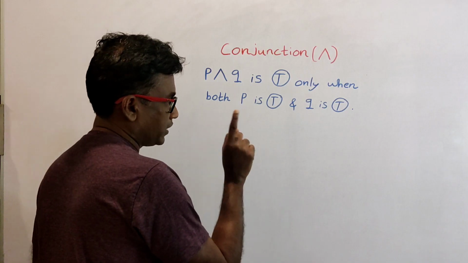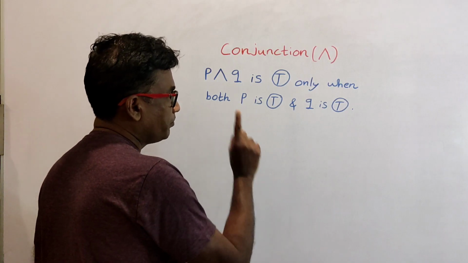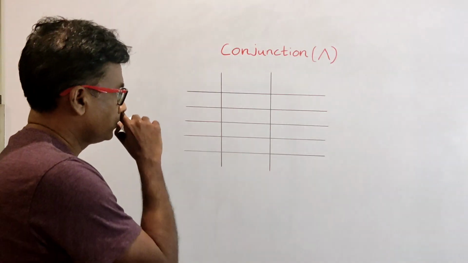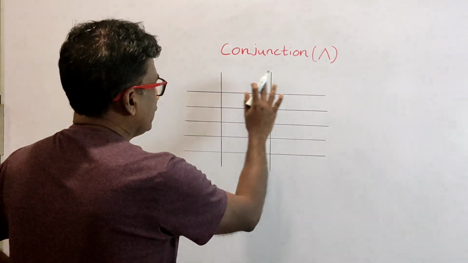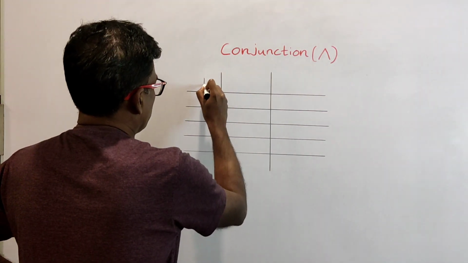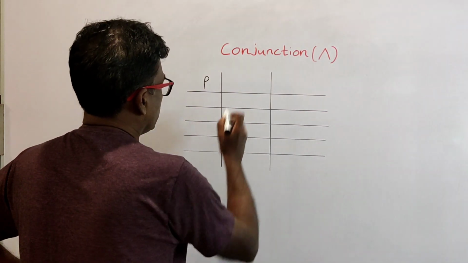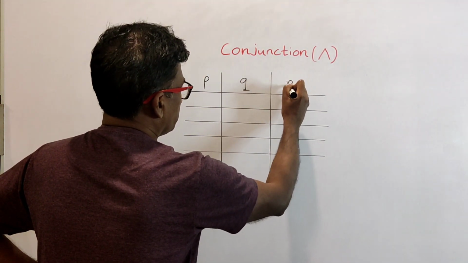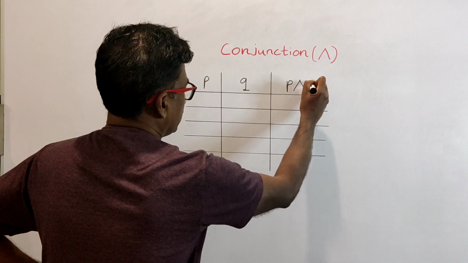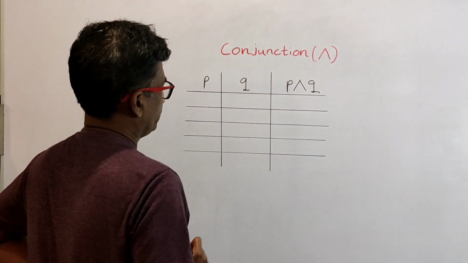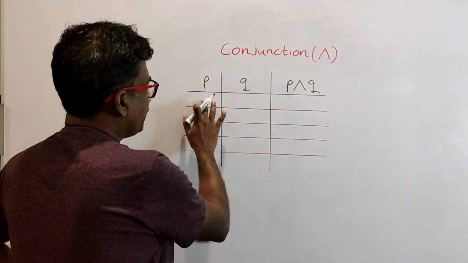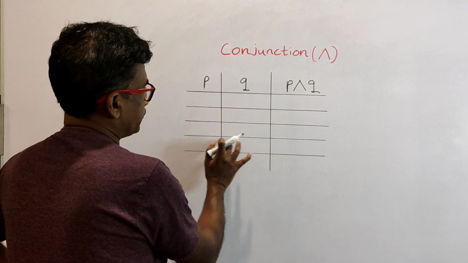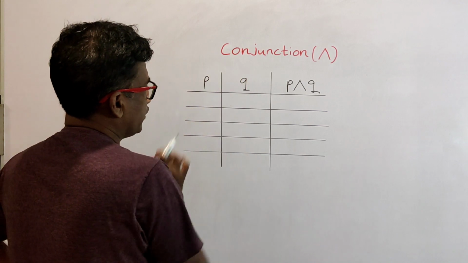Now we are going to construct the truth table of P and Q. There are 3 columns, one for P, one for Q, one for P and Q. Now, what are the possible arrangements of truth values of P and Q?